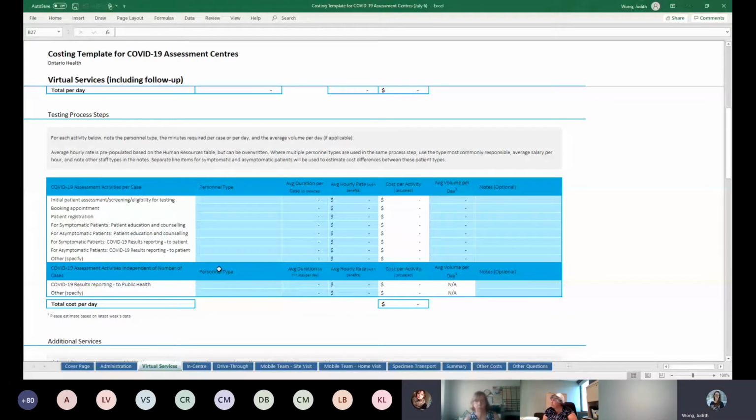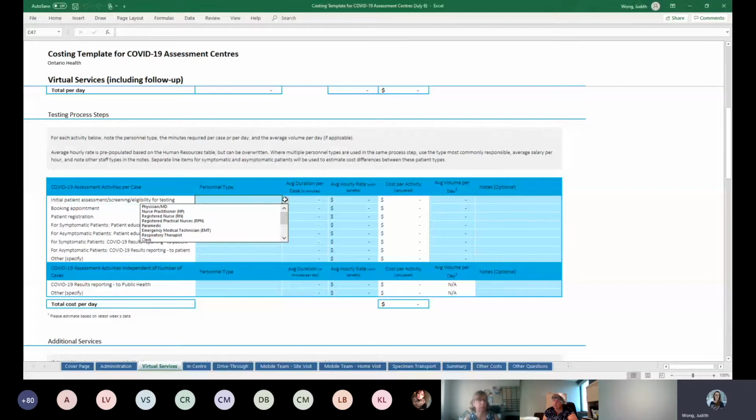Okay. So if we look at the activity table for each of these activities, only complete the row if that activity is done virtually at your assessment center. So if you do virtual patient assessment, screening, and eligibility, fill in this row. If you only do that in person, leave it blank.